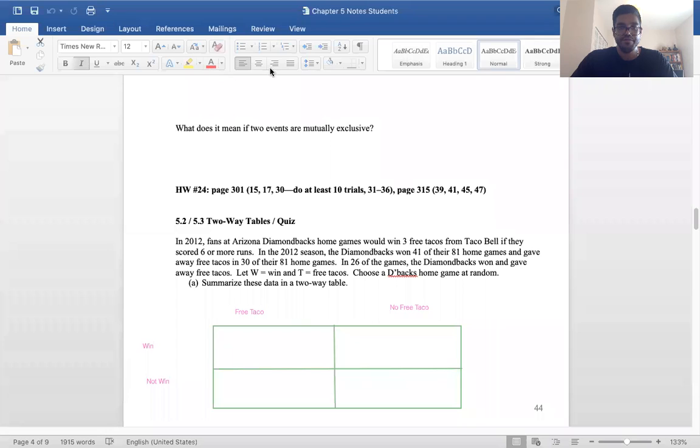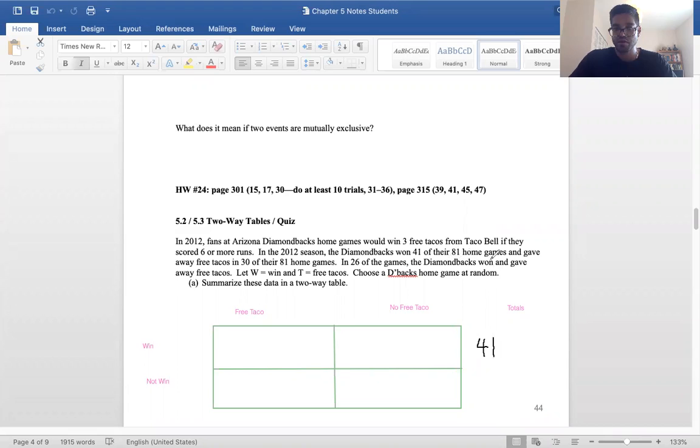All right, now if we read this problem, it says here that the Diamondbacks won 41 games. So on the outsides, we're going to put totals out here. And this is kind of how you set these two-way tables up. First thing, we know the Diamondbacks won 41 games, so I'm going to put 41 on the outside.